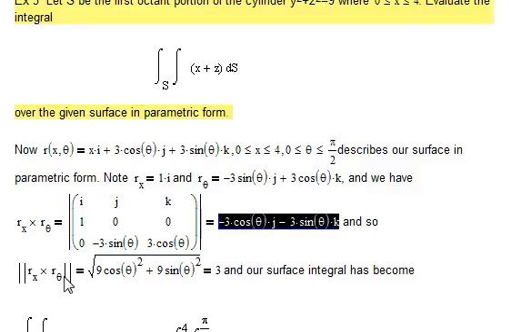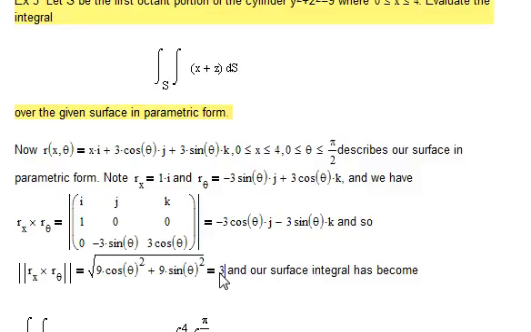and the length of that cross product is the square of this plus the square of this and the square root of all that, so we wind up with the square root of 9, which is just 3.